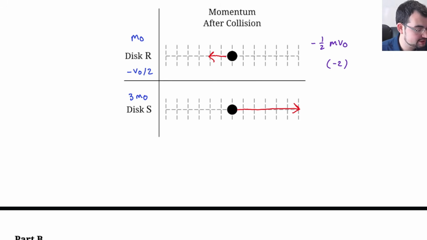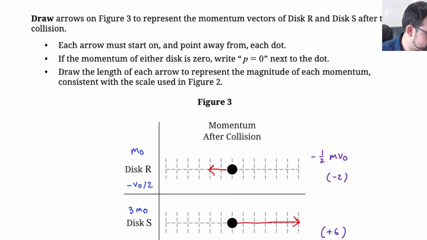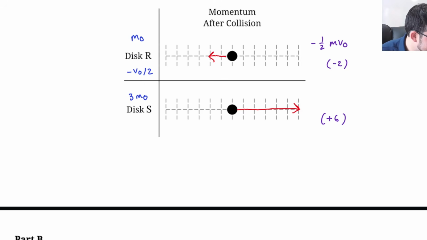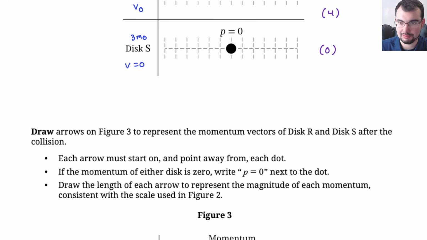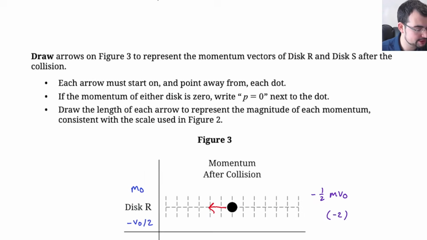So I must have had positive 6 units of momentum here. And we said that every mv0 was worth 4. So if you work it out, not that this is necessary, you'll see that this is 3/2 mv0 worth of momentum to make it work out. So you could totally solve the part B collision part using this representation, which is pretty cool.